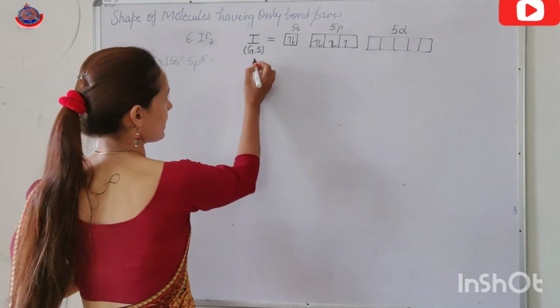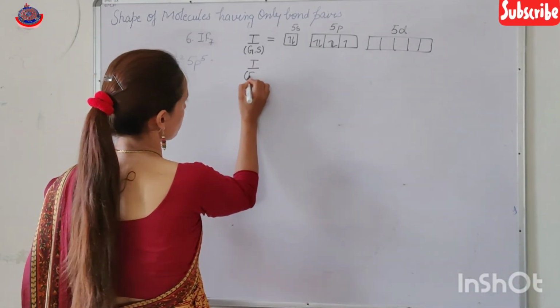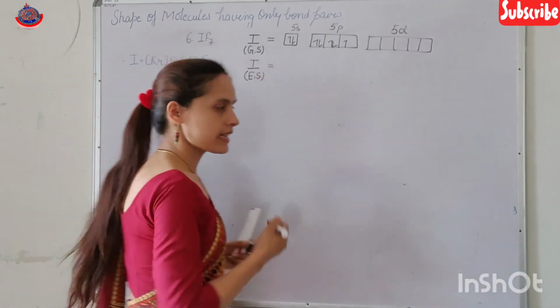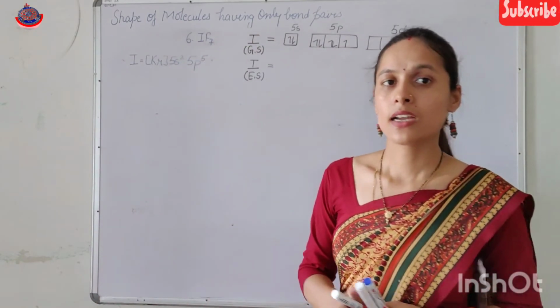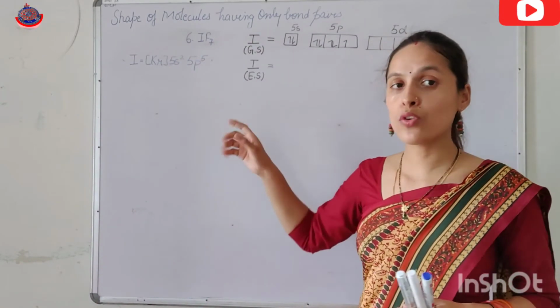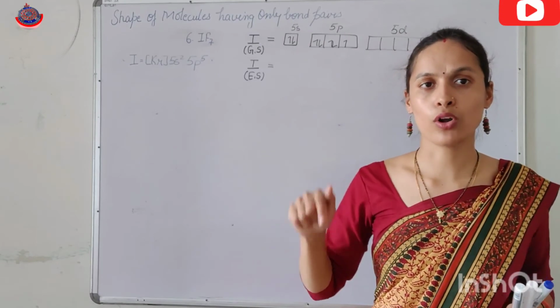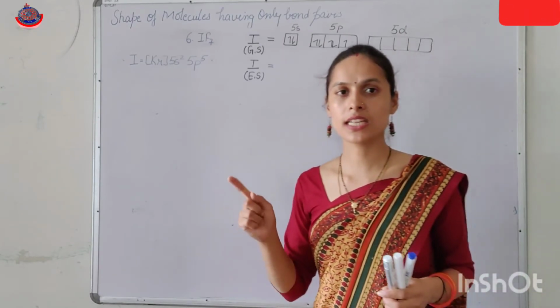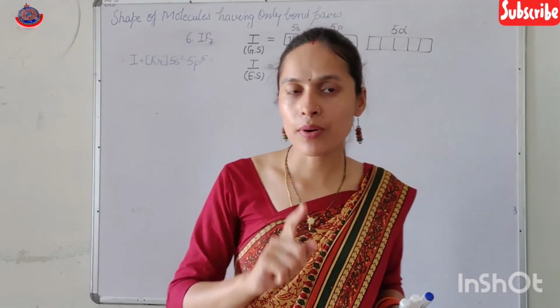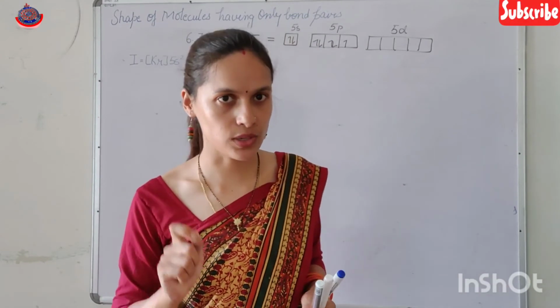So in the excited state, the configuration becomes, and from the starting I told you that the electrons will move only at the time of the bond formation. This we have studied in hybridization, that hybridization will never occur in the isolated atom.